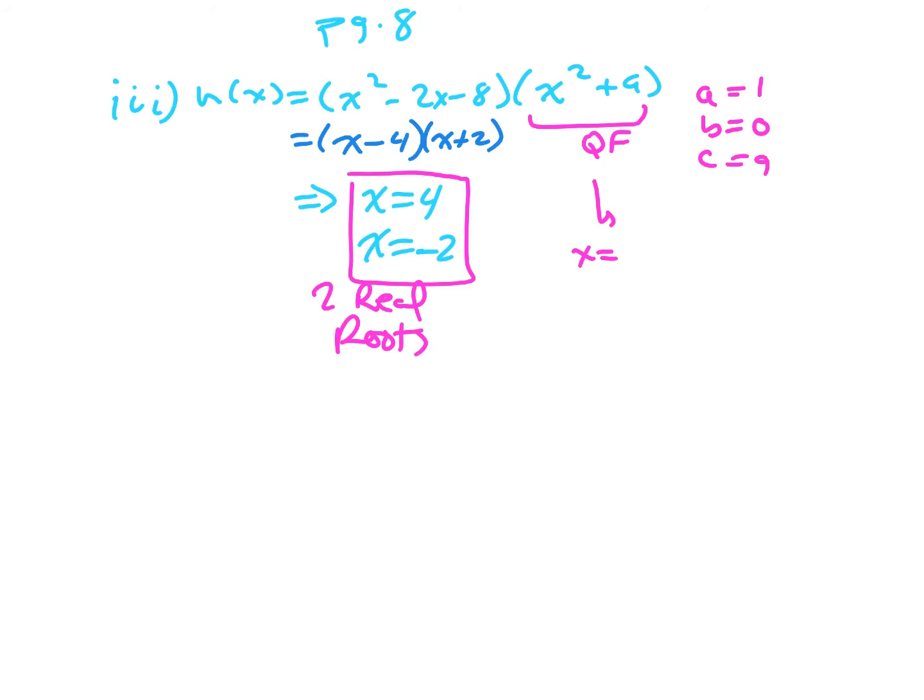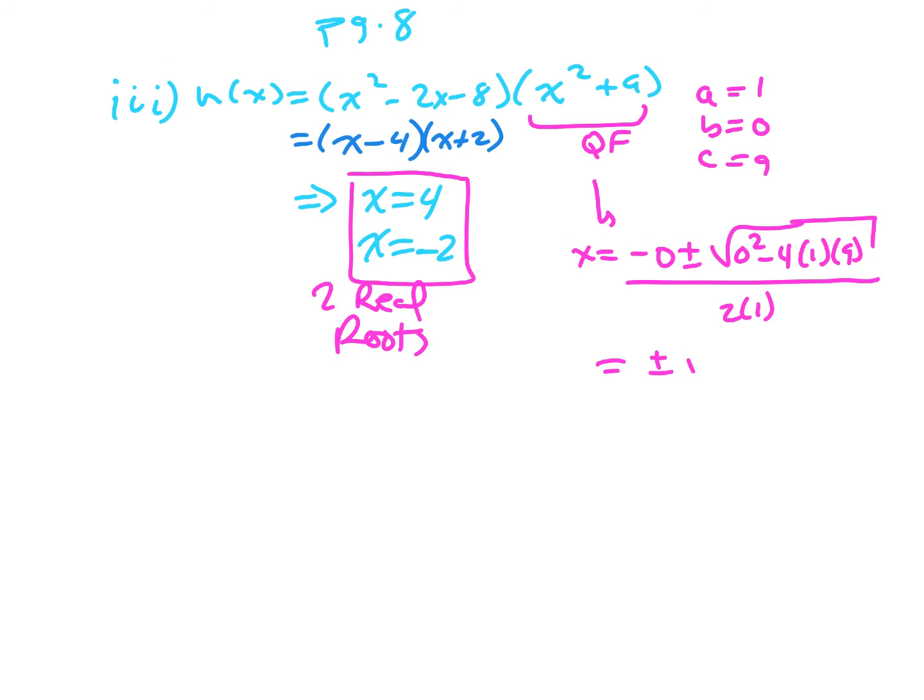X equals the opposite of B, which is that. I'll just write it. Plus or minus 0 squared minus 4ac, all over 2a. So here I'll just do everything. 0. So I'm just going to have plus or minus, and then I'm going to have negative 36 divided by 2.